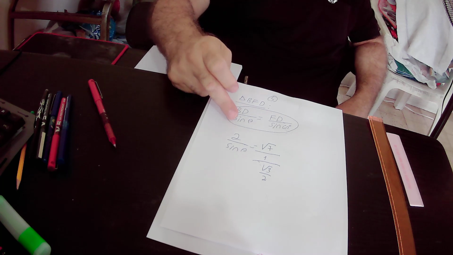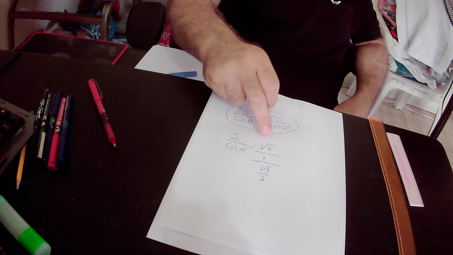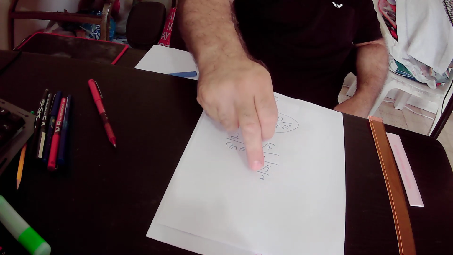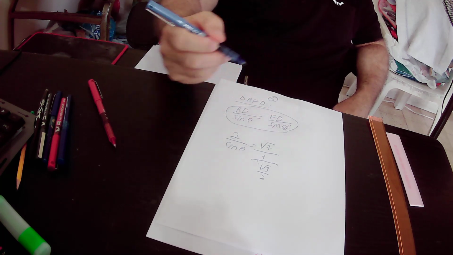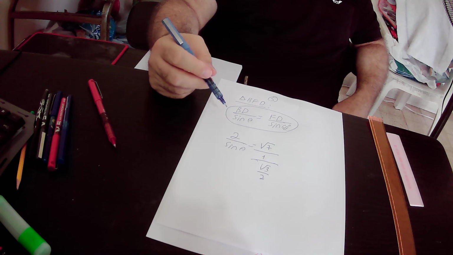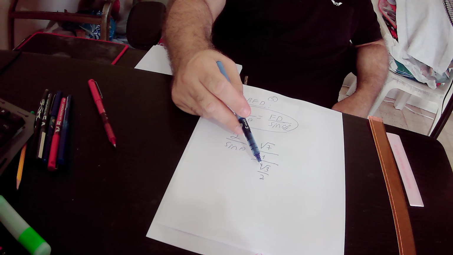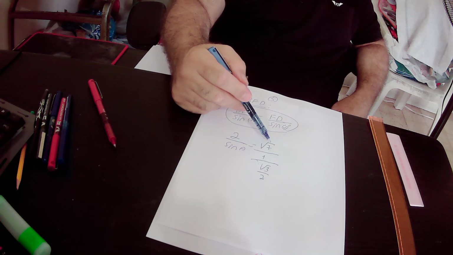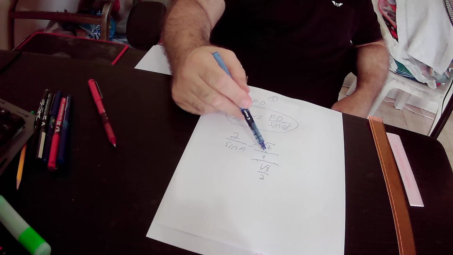Because BD is 2 units, sine theta is sine theta, FD equals root 7 units, and sine 60 degrees equals root 3 over 2. Here we will put 2 in the numerator, root of 7, and the root of 3 will be located in the denominator.